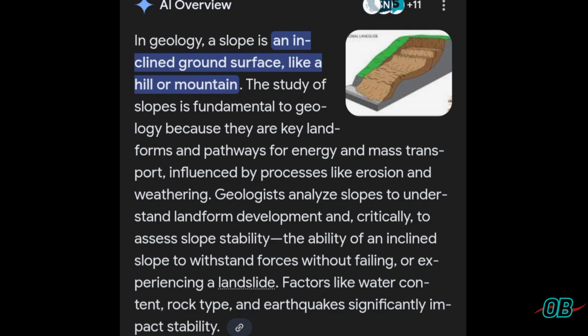So basically, recognizing the interconnected play between slope and stream gradient gives us a better understanding about the overall erosive force behind that body of water.